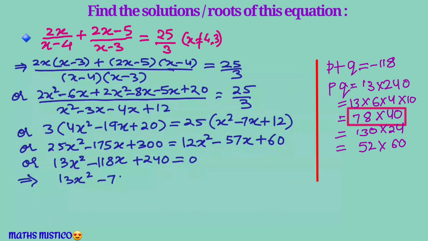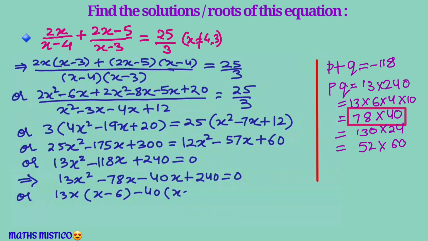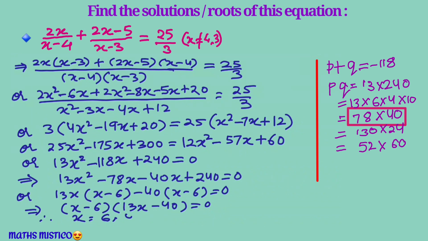So splitting minus 118x into minus 78x minus 40x and taking common, we have 13x into x minus 6 minus 40 into x minus 6 equal to 0. Taking x minus 6 common, we get the second bracket 13x minus 40. Equating them equal to 0 and simplifying, we get two roots are 6 and 40 upon 13.